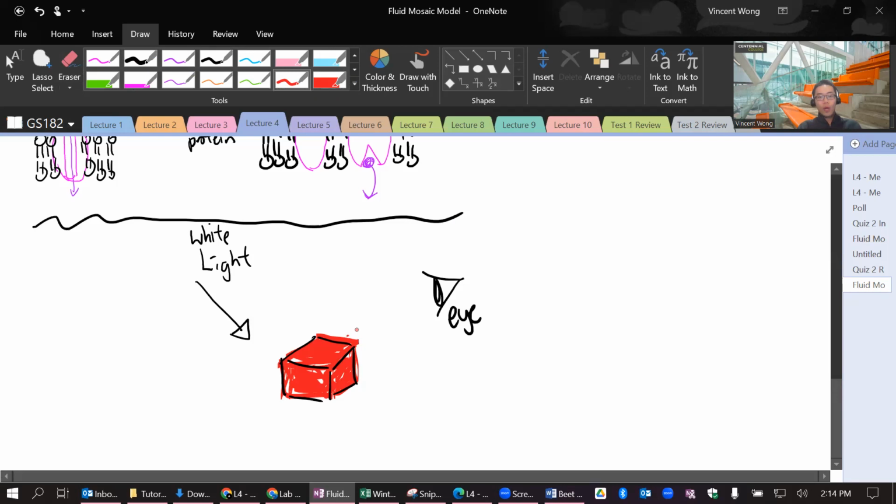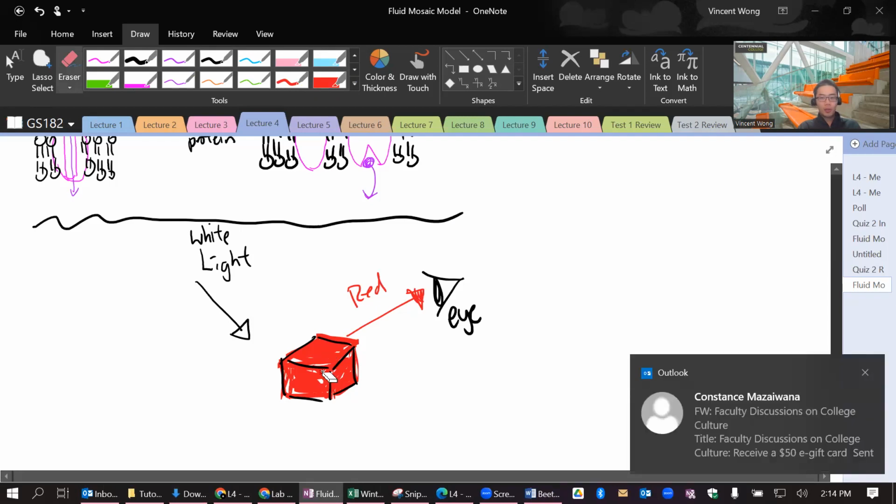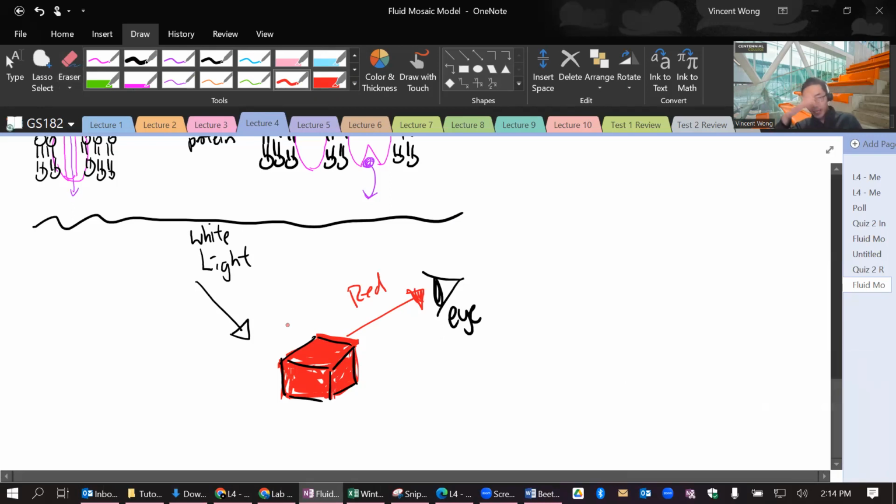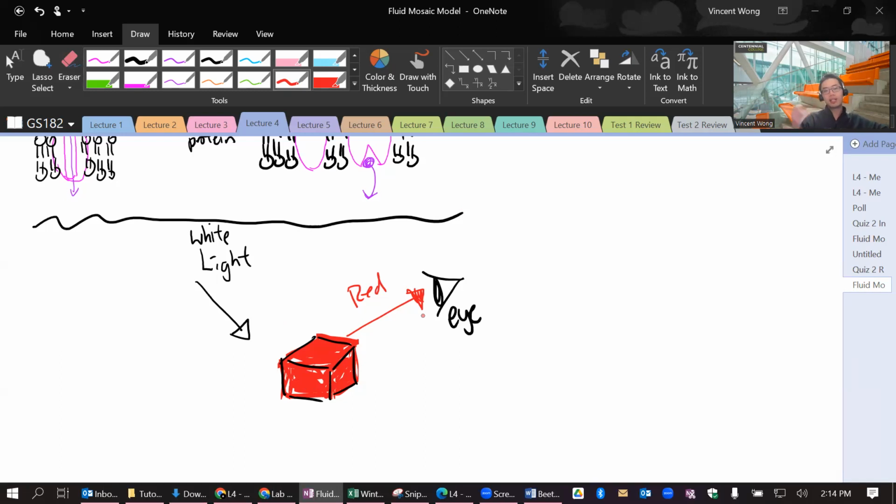Red light is going to bounce off. That's why it's red. Every other color will be absorbed. The blue will be absorbed, the green will be absorbed, and everything else except red is being bounced off. So the reason we see things as different colors is because that particular light is being reflected.